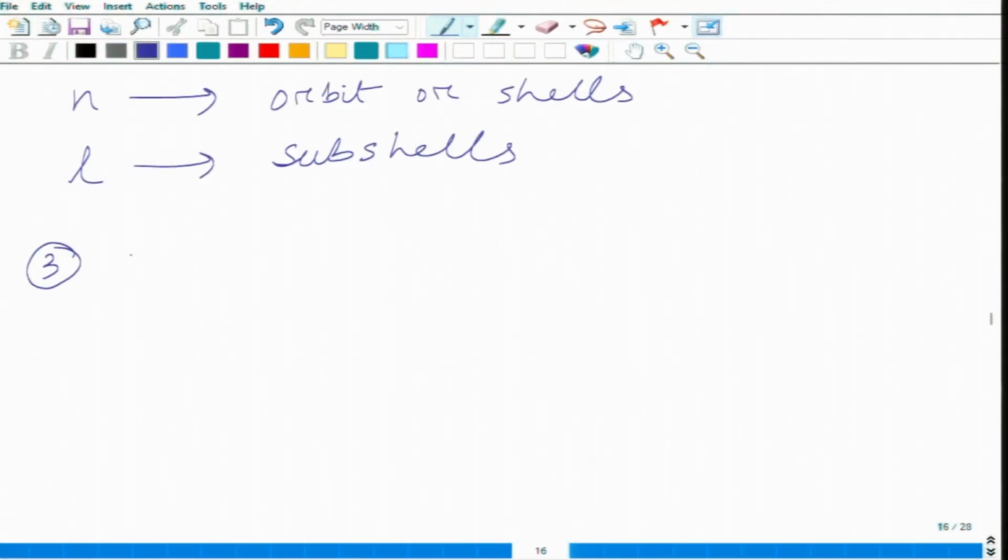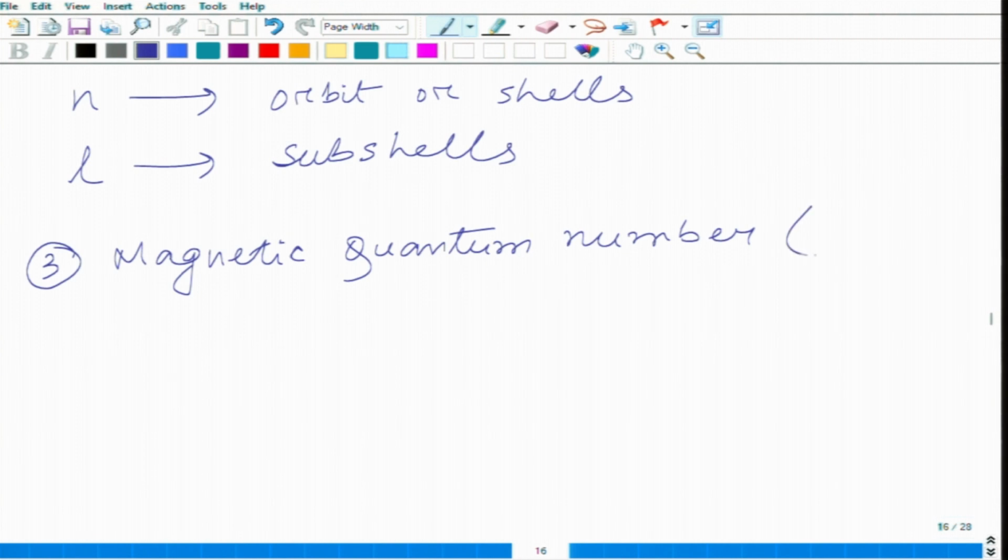But now, when the splittings were found out after knowing about the quantum mechanical model, then it was found out that these splittings can be explained by the third quantum number, that is called the magnetic quantum number. So, the third quantum number is the magnetic quantum number m.